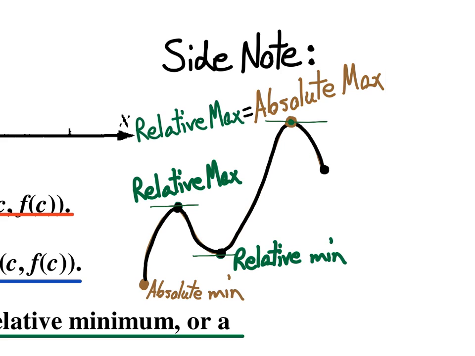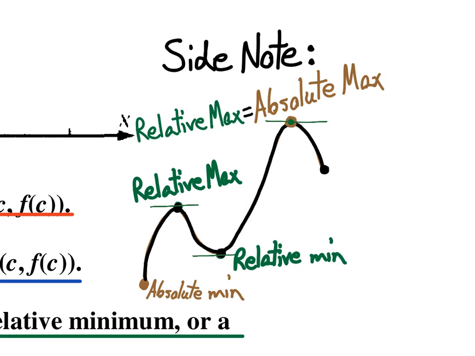So those are 3 points where f prime equals 0. All 3 of them are relative max or min points in this case. I'll look at a plateau point in a sec. Okay? However, on this interval, we can identify what are the absolute max and absolute min.